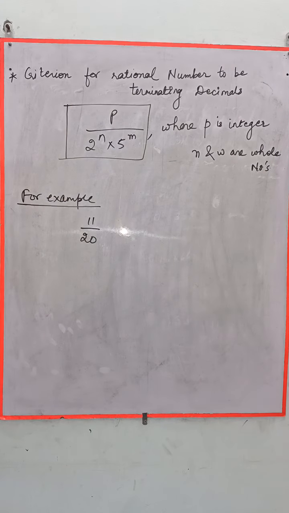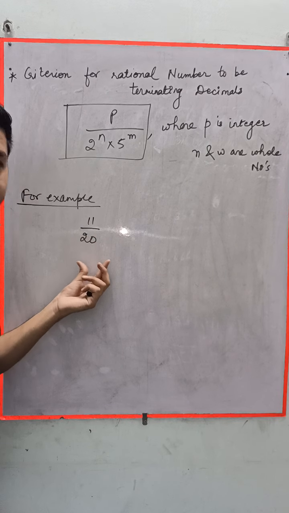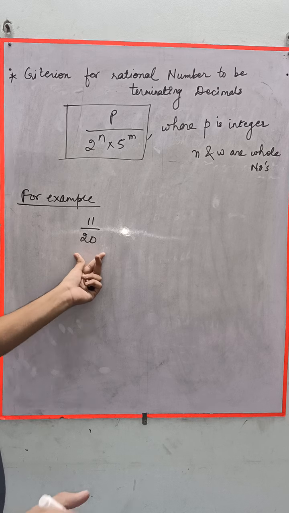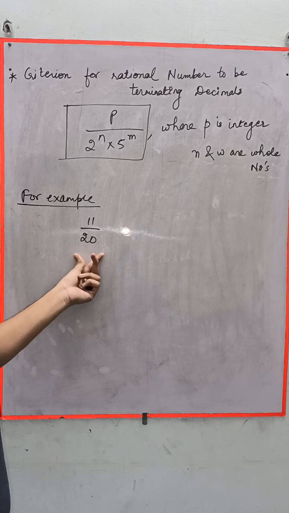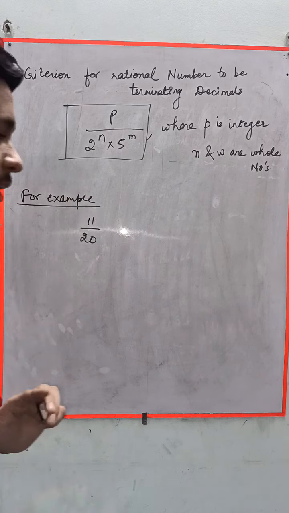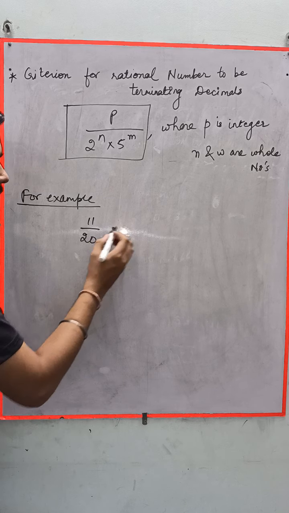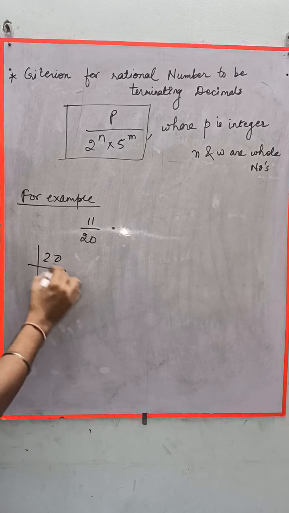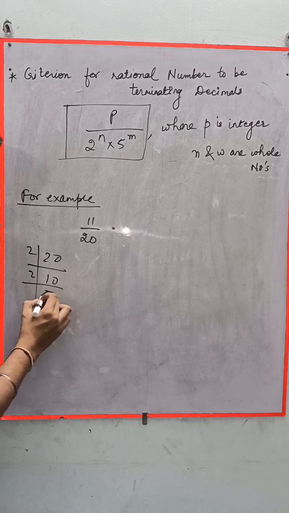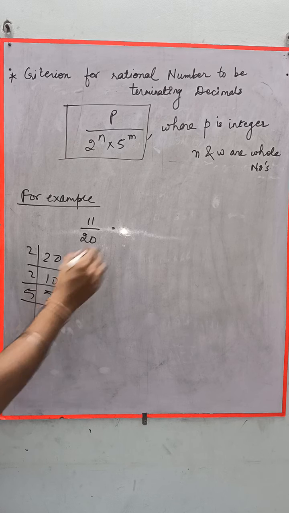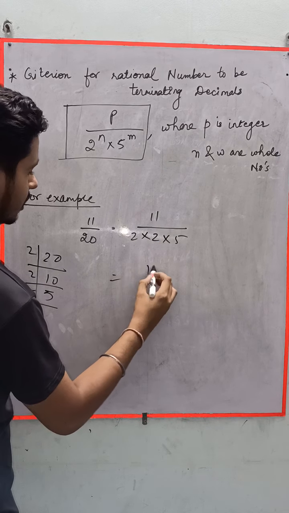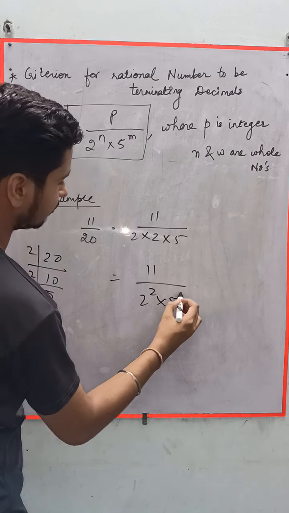Now how do we apply this formula? Say for example, we have 11 upon 20 and we need to know whether this rational number is terminating or non-terminating. What you have to do is factorize this 20. So 11 upon 2 into 2 into 5, so 11 upon 2 square into 5 to the power 1.